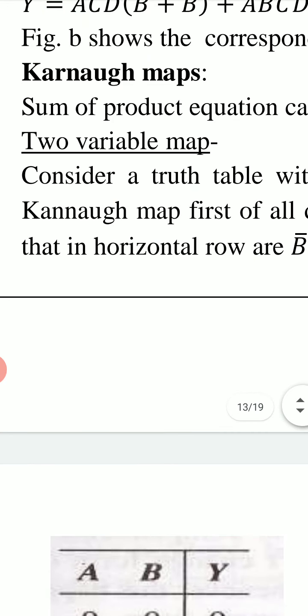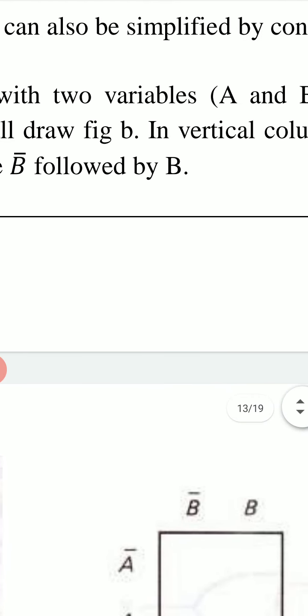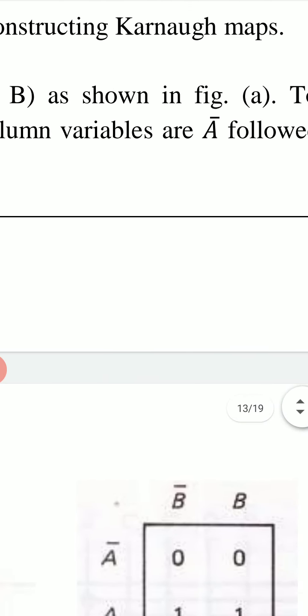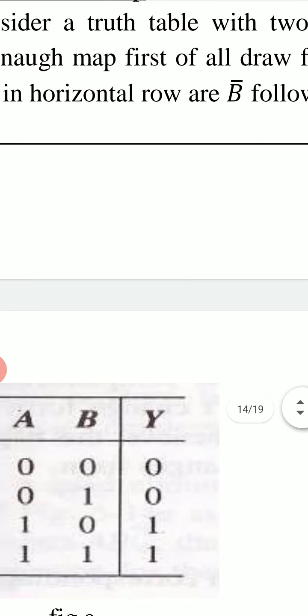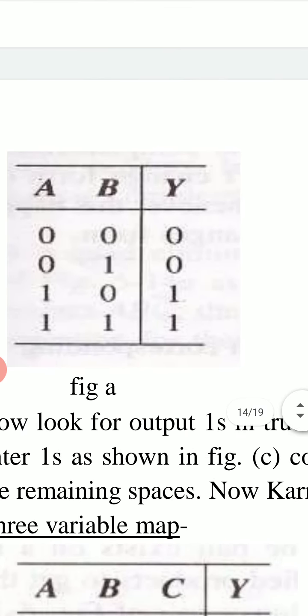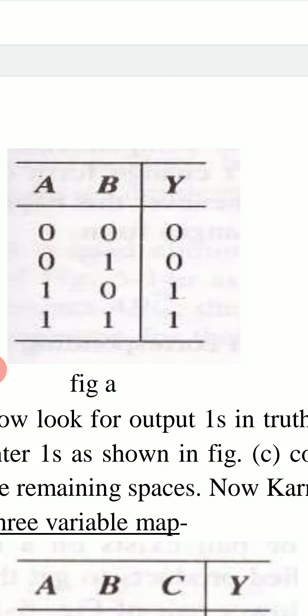First we consider the two variable Karnaugh map. Consider a truth table with two variables A and B as shown in figure A. To construct the Karnaugh map, first of all draw figure B. This is any truth table for two inputs A and B. Output y is 1 for two combinations.